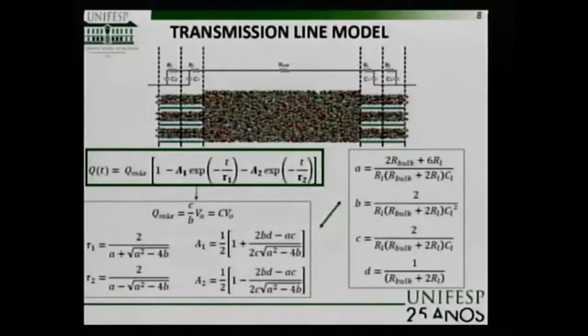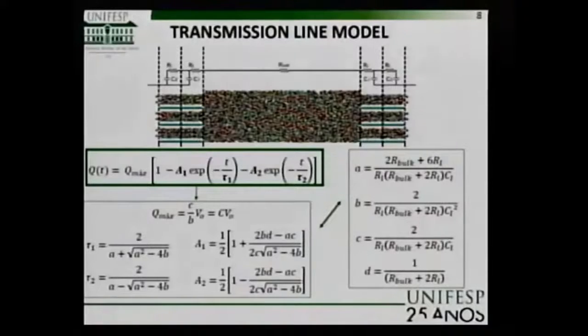So for an RC circuit of this model, we can solve the differential equations that describe them, and the result will be this equation that we can fit to the charge data that we get from our simulations. Actually, we do not fit these equations directly.